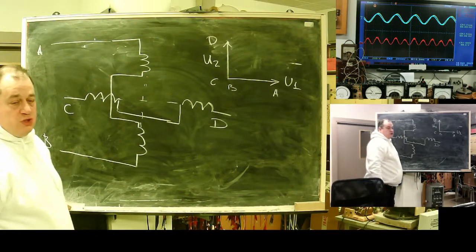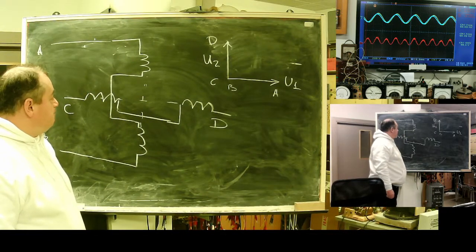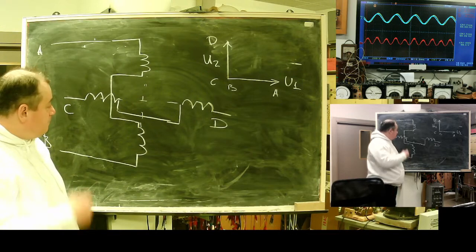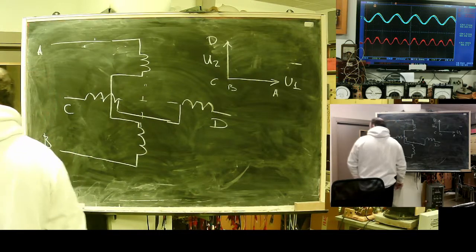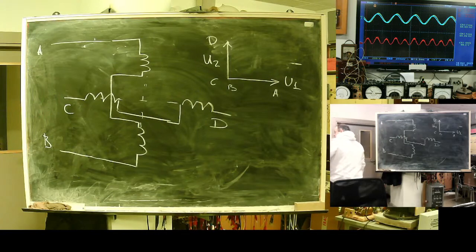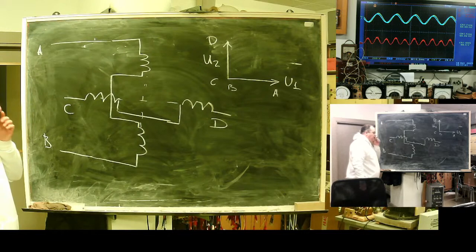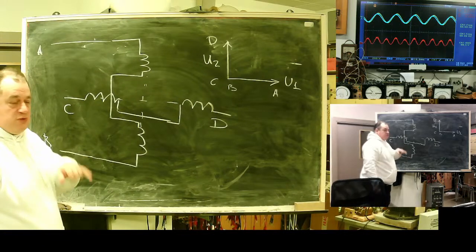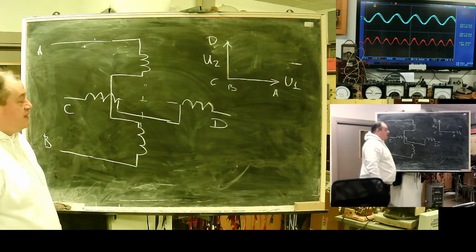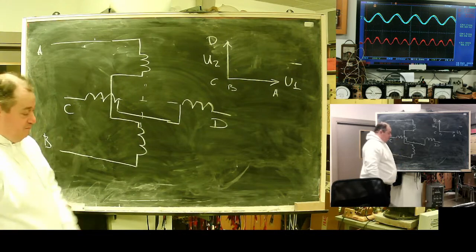The angle between the voltages is 90 degrees. I got it. One is from my transformer, one is A0 and the second is a part of the linear voltage BC. So I got 90 degrees between the two voltages.